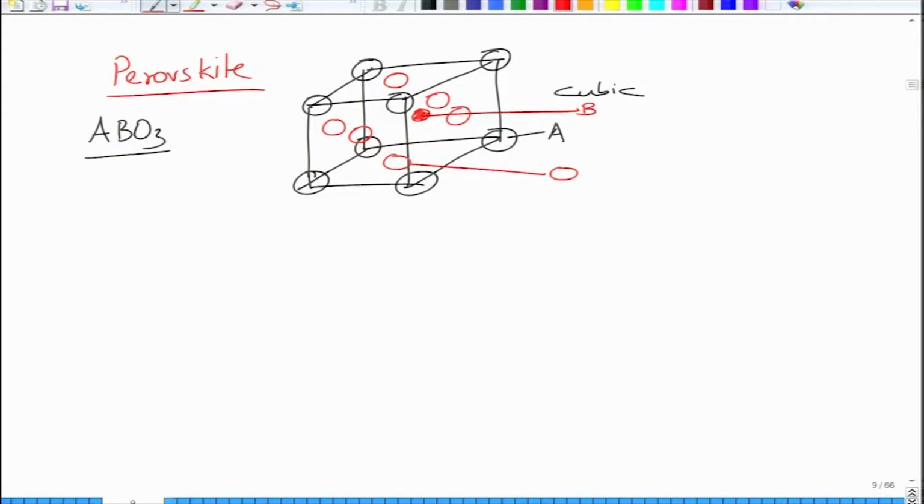So, in this case it is basically a perovskite dye, which is commonly used, called methyl ammonium lead iodide.